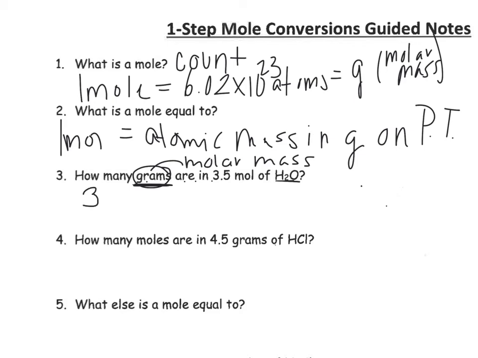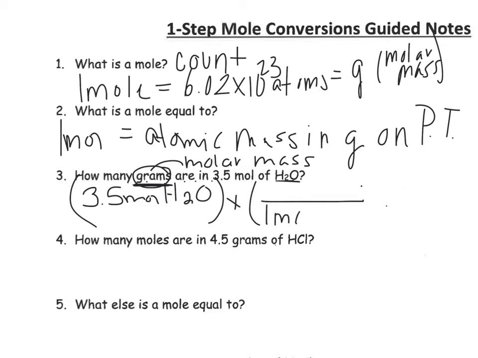Okay, so I'm on Mole Island at 3.5 moles of water, and I want to go to Gram Island. I'm going to set up my unit conversions. And 1 mole of water is 18.02 grams of water.